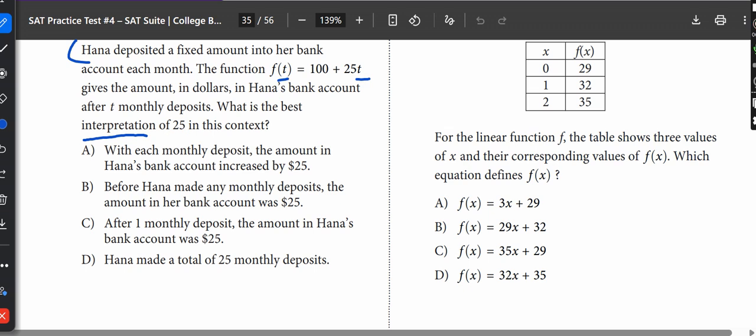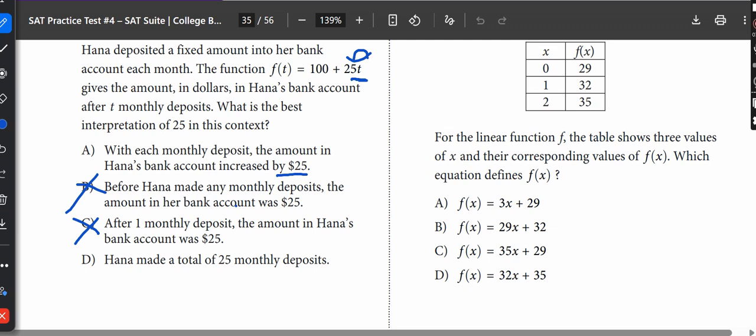Now we will read them all. With each monthly deposit, the amount in Hannah's bank account increased by 25. Yes, it can be true. Before Hannah made a monthly deposit, the amount in her bank was 25. No, it is incorrect. After one monthly deposit, the amount in Hannah's bank account was 25.